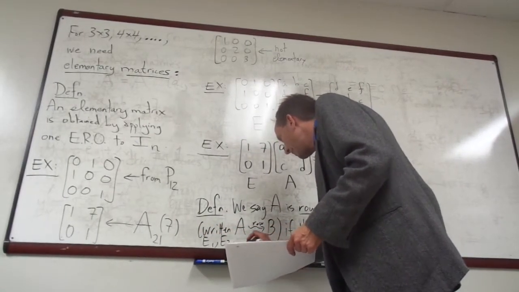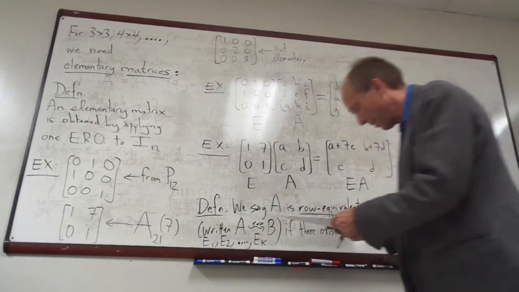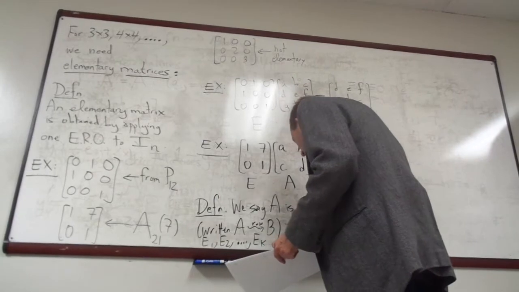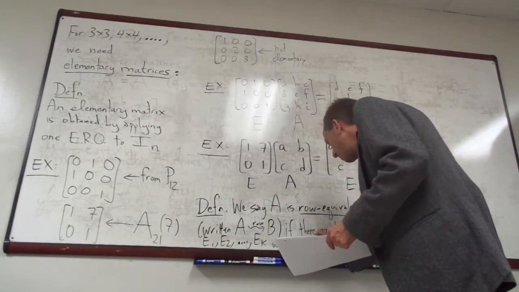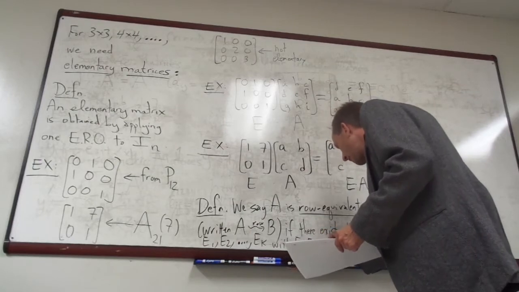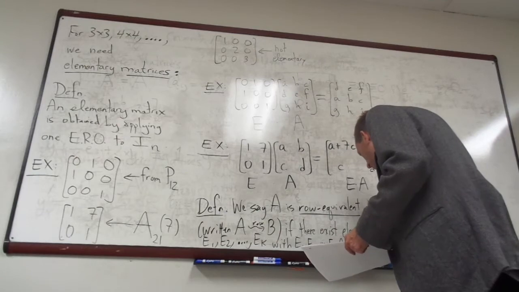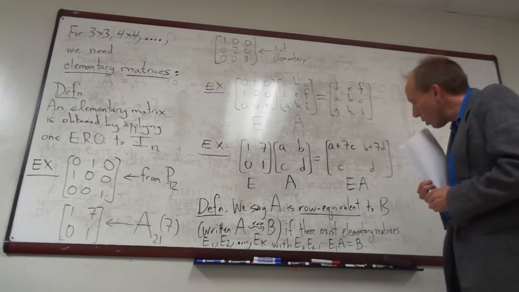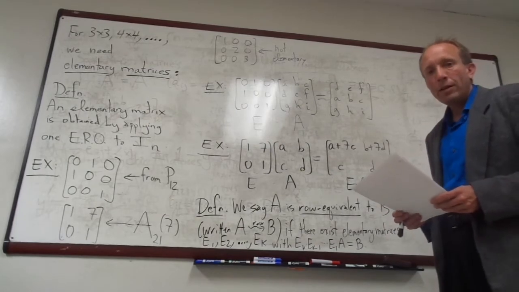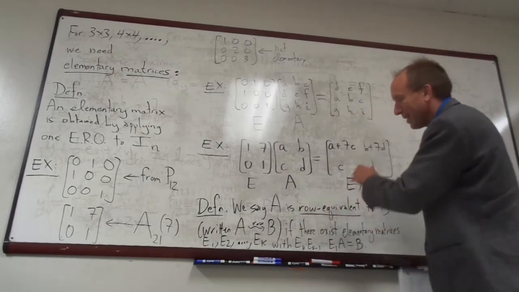So there's maybe K of them. We have some list of elementary matrices with the property that if you take EK times E sub K minus 1 times dot, dot, dot times E1 times A, you get B. Then A is row equivalent to B. It's actually a very simple definition. We don't really need to think too hard about it.